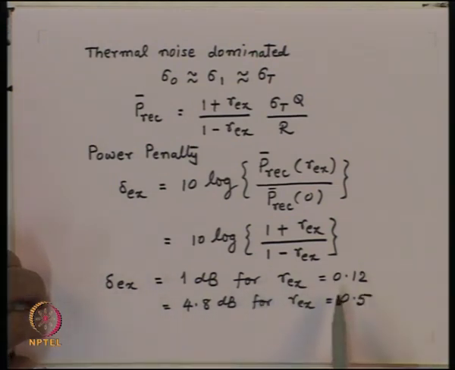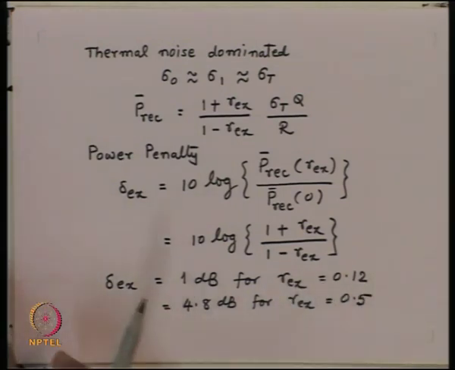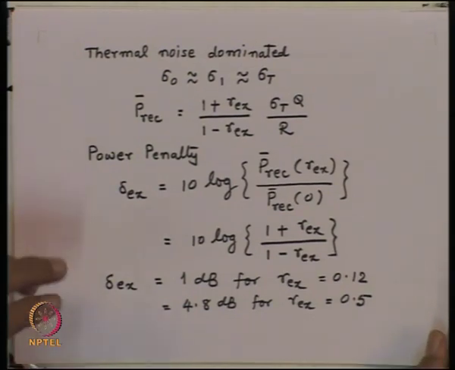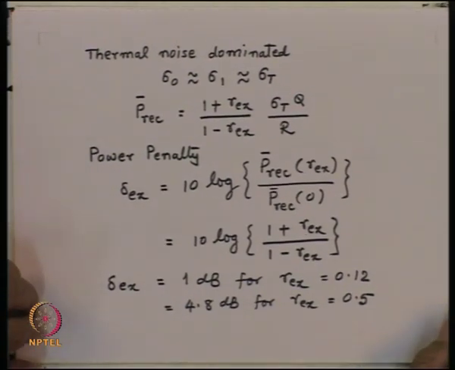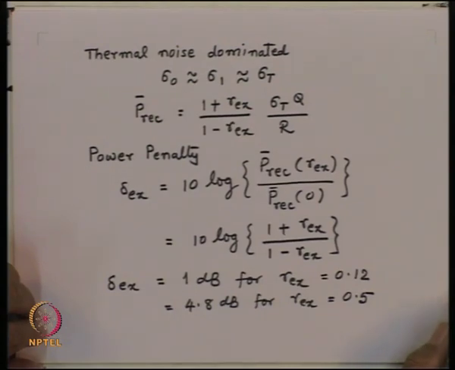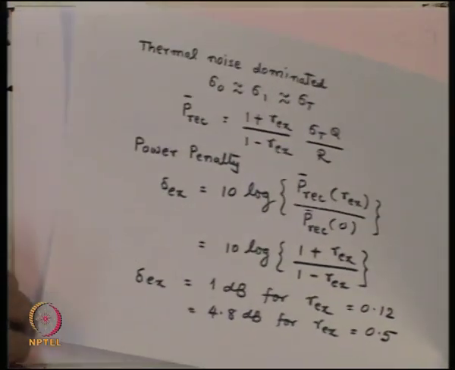Typically, the extinction ratio would lie in this range. So, you will have a power penalty corresponding to the extinction ratio which would be of the order of about a dB in the system. So, this is one of the power penalties when we design a practical receiver.